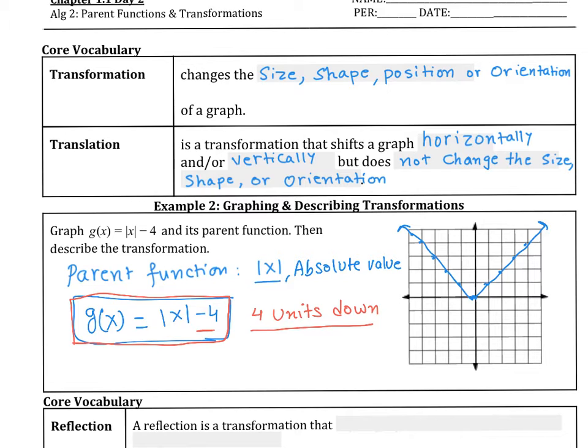So translating the graph 1, 2, 3, 4. So we translated the graph 4 units down. So it's going to be up 1 over 1, up 1 over 1 in a normal graph, and that's going to be your graph. That is the g(x) graph, which is translated 4 units down.